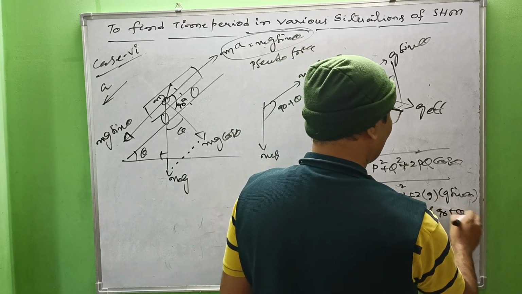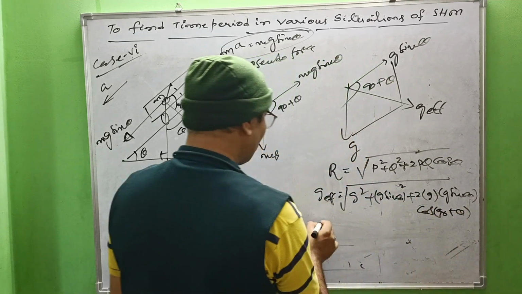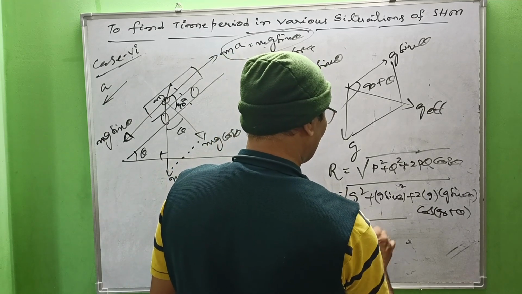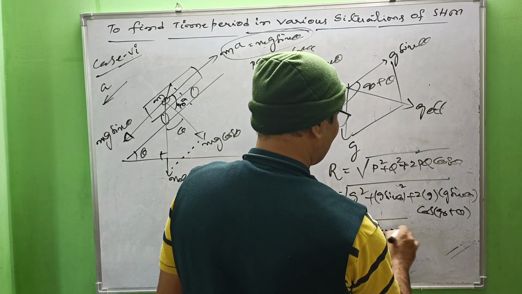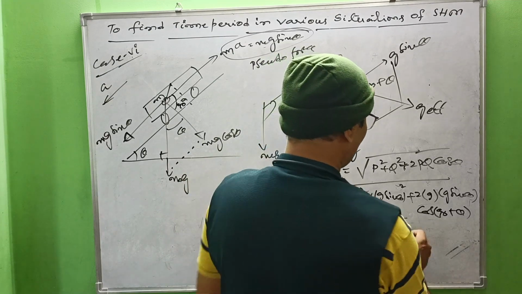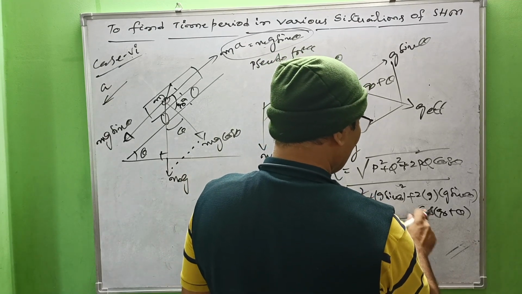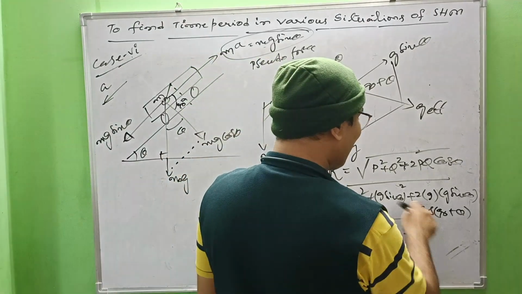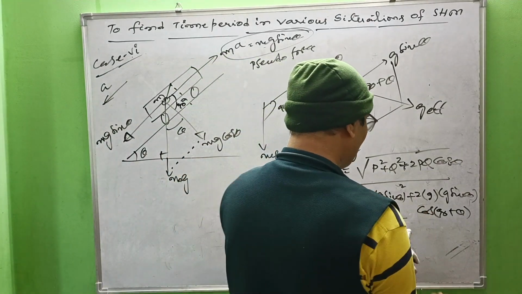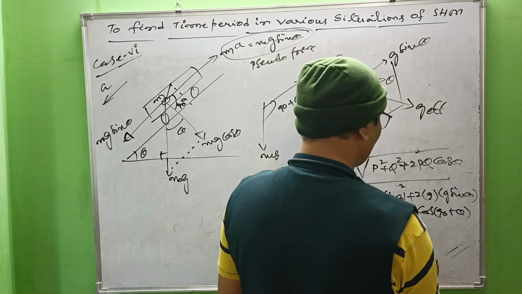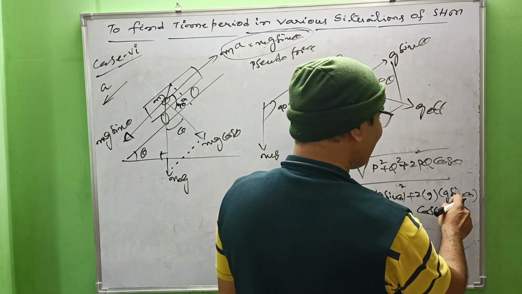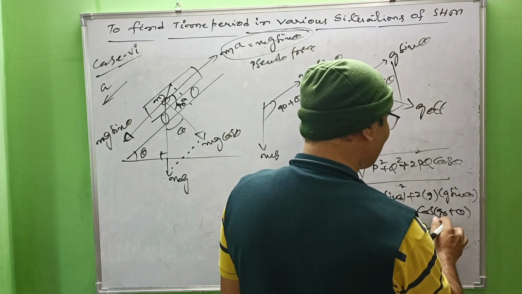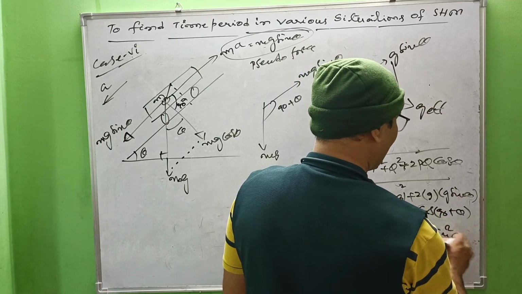So g effective equals root over g square plus g square sin square theta plus, cos of 90 plus theta is minus sin theta, minus 2g square sin theta into sin theta, sin square theta.